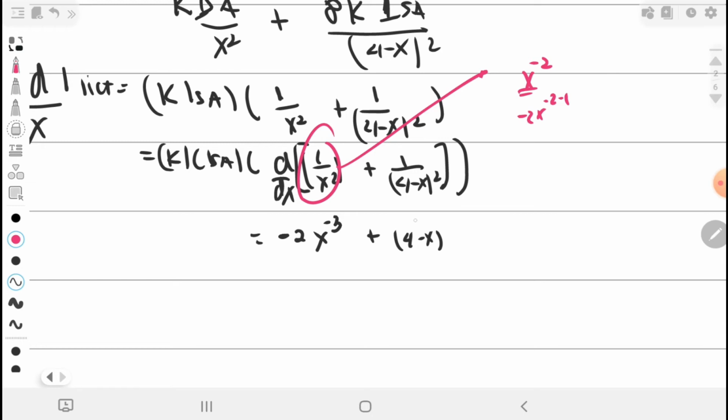And then for this one, we have 4 minus x squared. I will have a derivative equal to negative 2 multiplied by 4 minus x, negative 2 less 1 is negative 3, multiplied by the derivative of negative x, which is negative 1. Right? Okay?